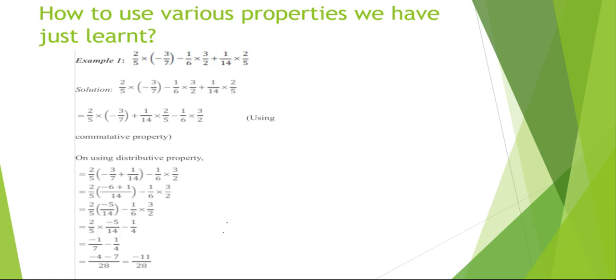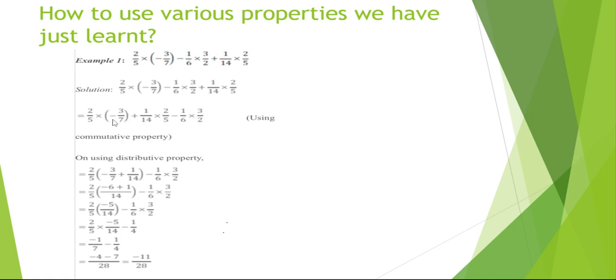What you notice is that 2 by 5 is common in the first and the last term. That means if you combine these two terms together, you'll be able to solve them. But when you change places of the terms, you have to use the commutative property. Or you can also say that you are rearranging them.